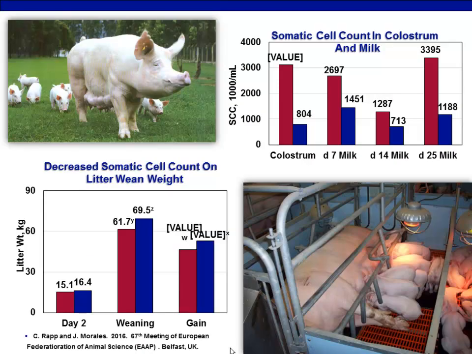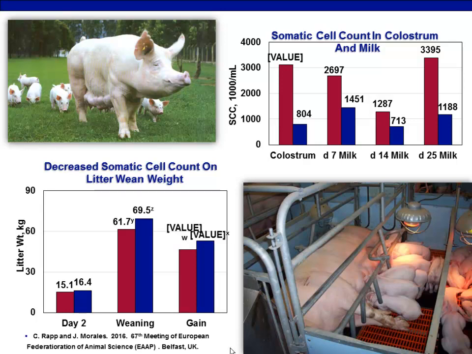Let's look at mastitis for just a second, or with somatic cell count. And we hadn't done much with this in pigs. We now have done our third project. We're going to start about 2 more projects with this. But what's interesting, this is a project that was done in Barcelona, Spain. And what they did is took a look at somatic cell count in the colostrum and in the milk.